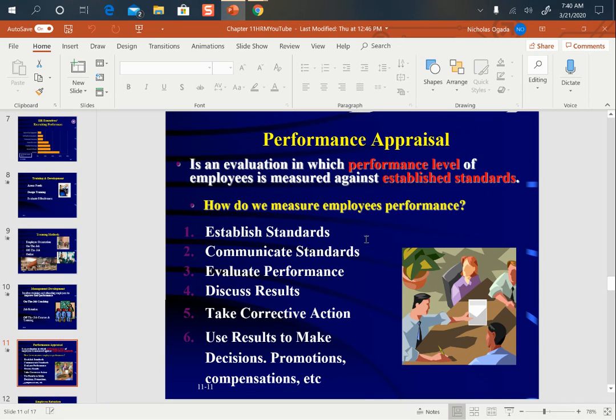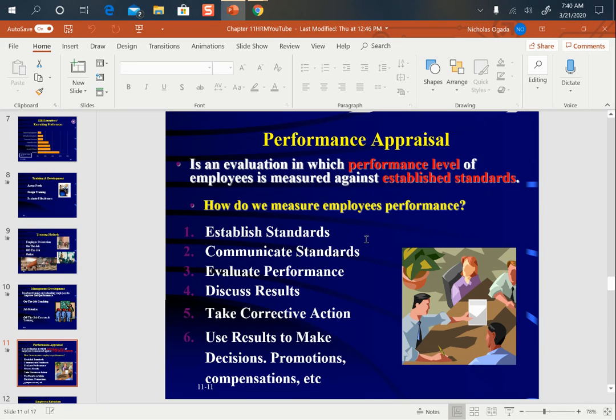Now, the caution I always have when it comes to performance appraisal, even though yes, it is a good tool that we can use to assess where our employees are, the challenge we have is most of the questions of the assessment, or the tool that we're using to do the assessment, are more subjective.